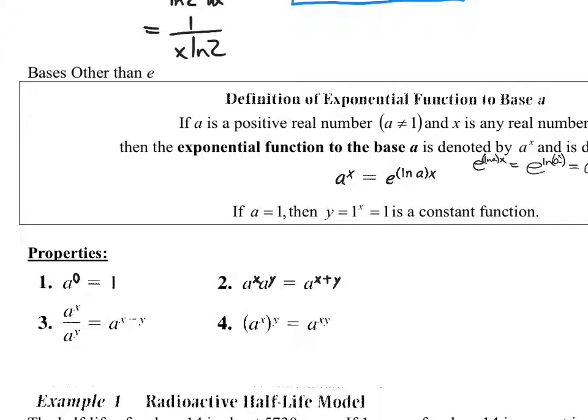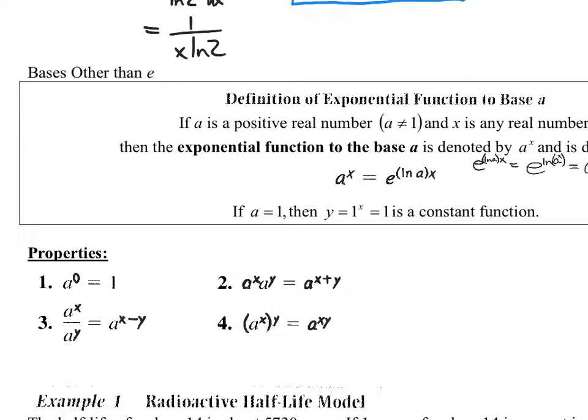If you're dividing things with the same base, then you would subtract the exponents and keep the base the same. And of course, if you're raising something to a power to another power, then you can simply multiply those powers together. So a to the x times y in this case. All right?